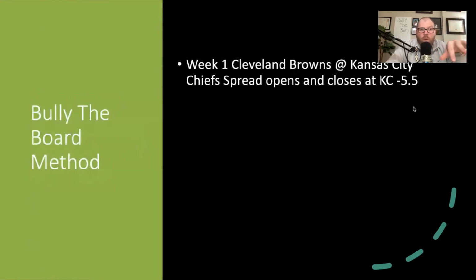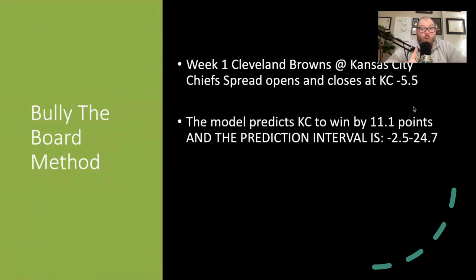And let's work through it if we were to apply the logic and understanding of variance. So the same idea. Cleveland Browns at Kansas City. The spread is 5.5. Model prediction 11.1. But this time, we also output a prediction interval, right? And we see the prediction interval says that within 60%, they could lose by 2.5 or win all the way by almost 25.